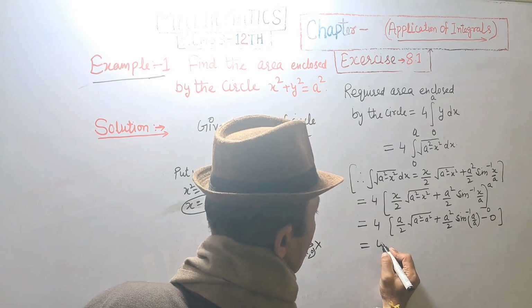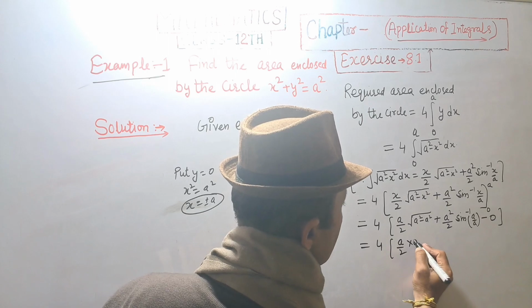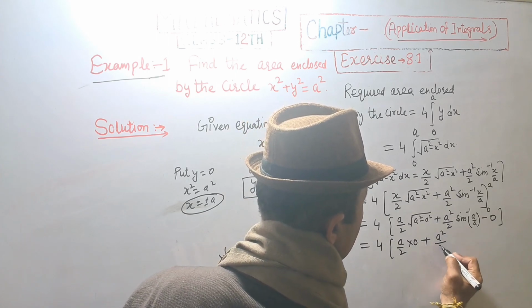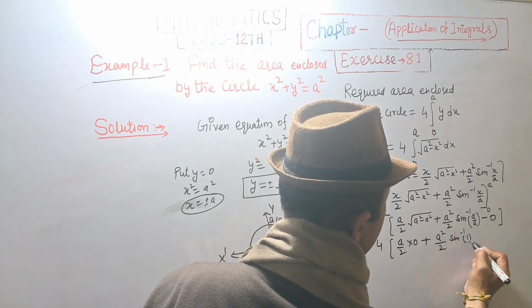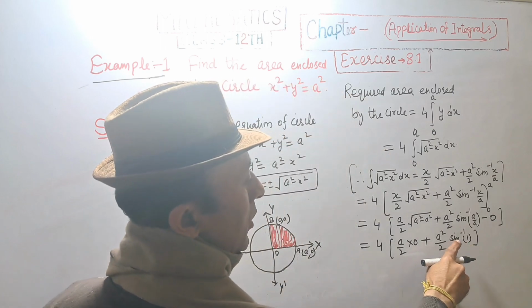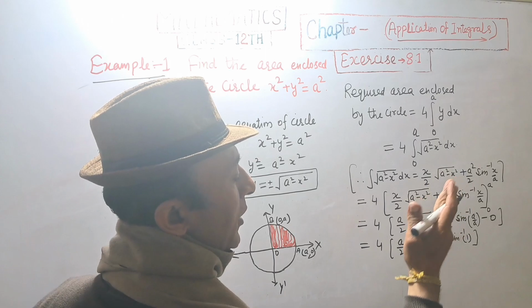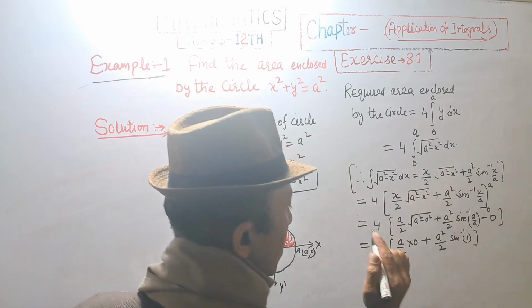So this is equal to 4 into a upon 2 into 0 plus a square upon 2 into sine inverse 1. We know that sine inverse 1 is equal to sine pi by 2. Sine inverse sine is cancelled and we get pi by 2.